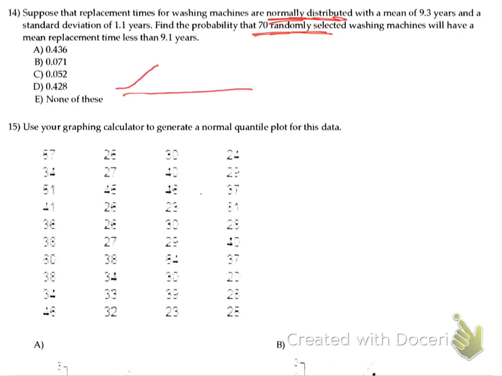Let's draw the curve. The middle is something. Oh, there it is, 9.3. And what's their actual question? There it is, less than 9.1. So remember, the last couple problems they said between, so I just drew the two things and shaded between. This one says less than 9.1.